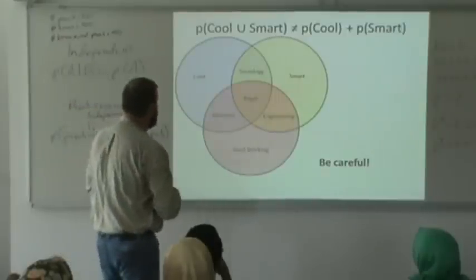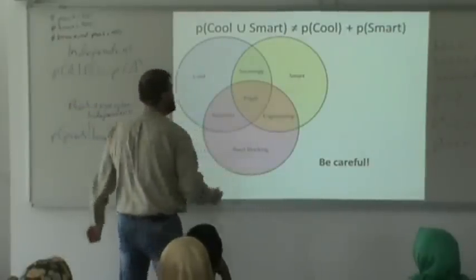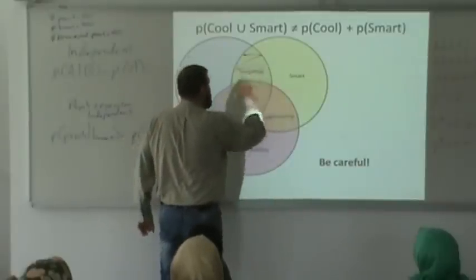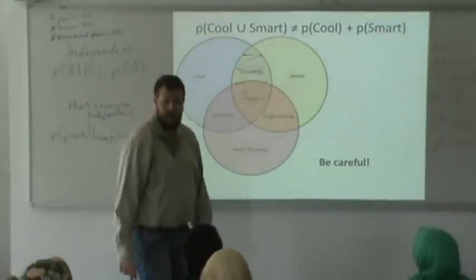So if we want the probability for cool and smart, what do we need to do? We need to get rid of this intersection, right?